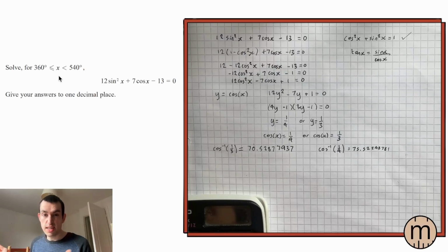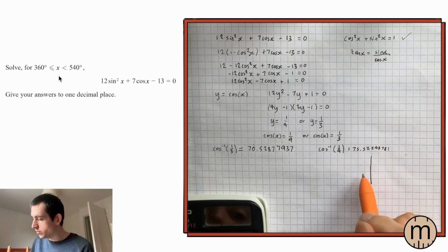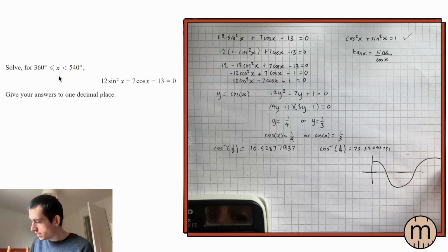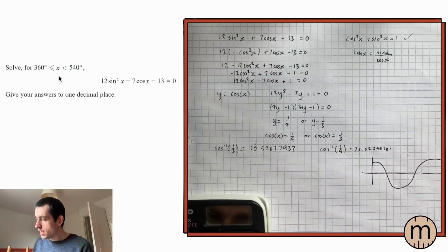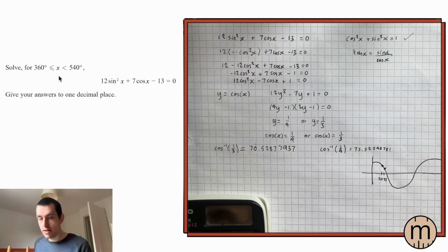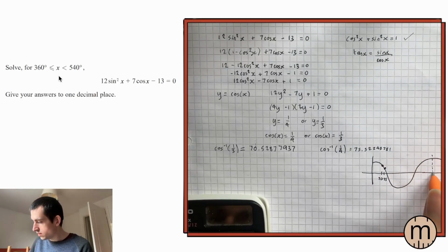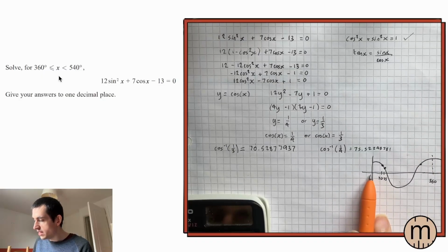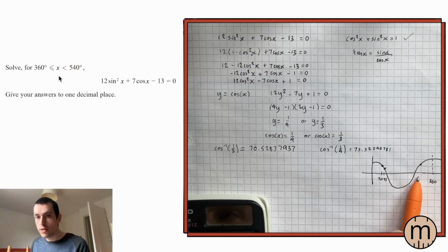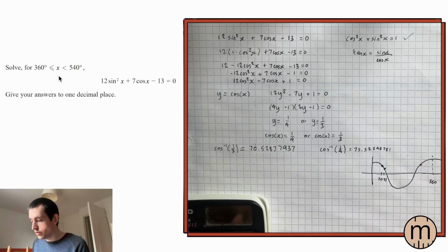So I'm not going to bother with the CAST diagram because that's not how I roll. Instead, I'm going to draw the cos graph, which looks like this. These two values, 70 and 75, are roughly here and here. Instead, I like to use the symmetry of the cos diagram. So 360 is over here. So I know that if I have to move in 70 going left, then by the symmetry, by the power of cos, 360 minus that will give me another solution.